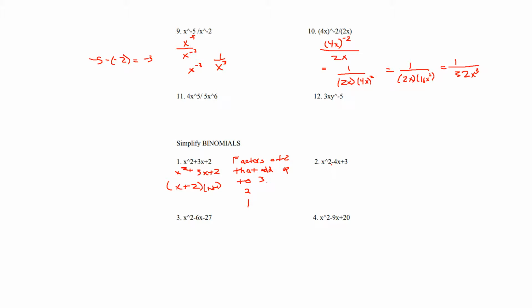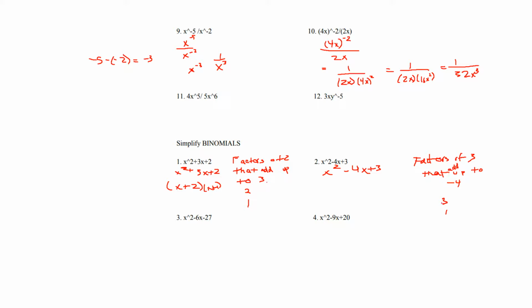Okay, number 2, same thing as here. We have a leading coefficient of 1. So we need to find the factors of 3 that add up to negative 4. Factors of 3 are 3 and 1, but 3 plus 1 is not negative 4, it's 4.